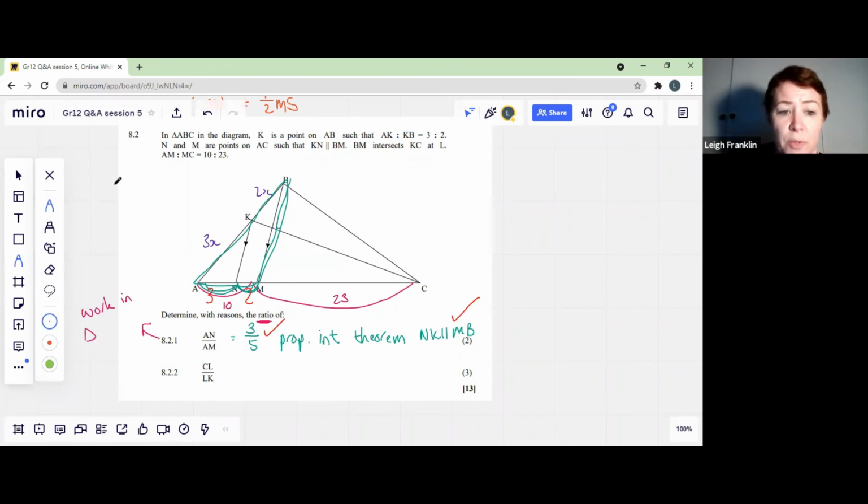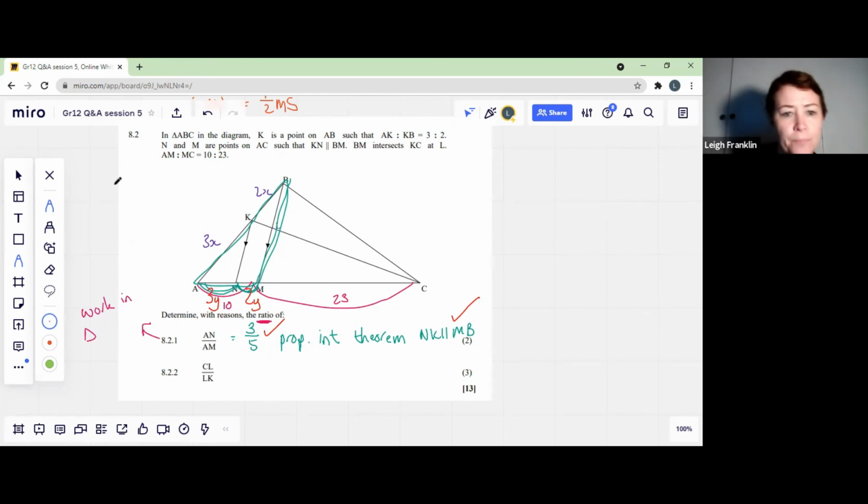So what we could do is call AN 3y and call NM 2y if we wanted. Then at least we've got a point of comparison between the two. We know that x and y are going to be equal to something a little bit different, which we may need to calculate.